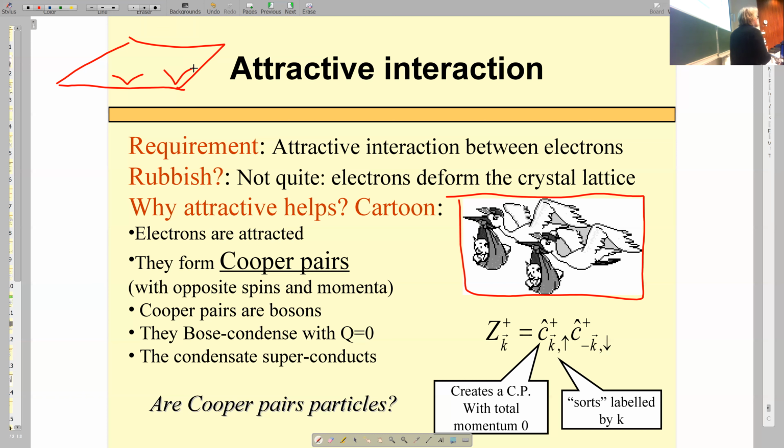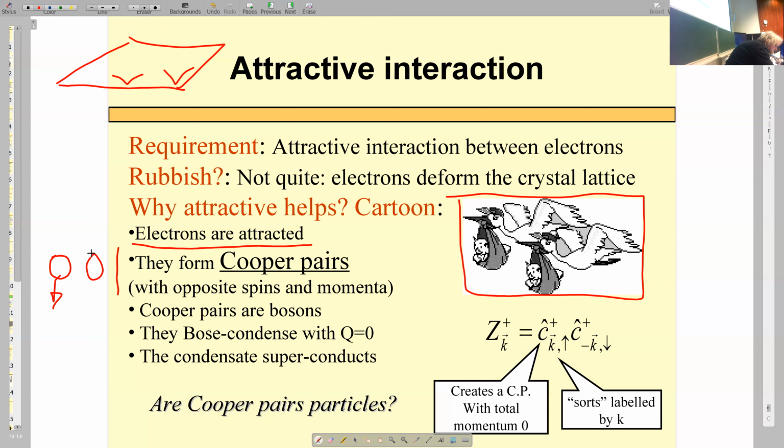Then, okay, there is attraction. Why does it help in establishing superconductivity? Again, it's at cartoon level, a way to explain lengthy formulas. If electrons are attracted, they form unions, they form pairs, they form Cooper pairs. Electrons couple to each other, they come with opposite spins.